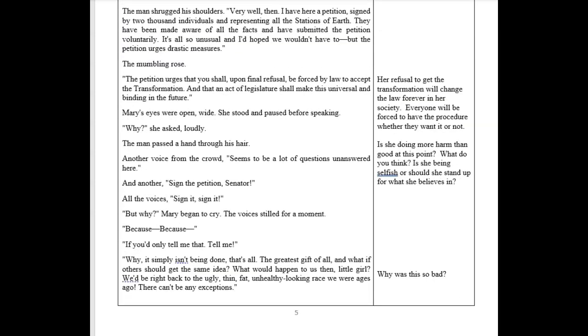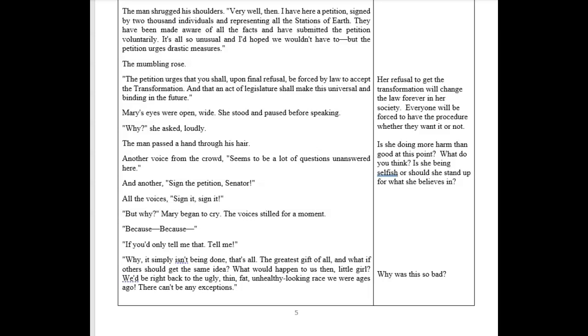"Very well, then. I have here a petition signed by 2,000 individuals and representing all the stations of Earth. They have been made aware of all the facts and have submitted the petition voluntarily. It's also unusual, and I'd hoped we wouldn't have to, but the petition urges drastic measures." The mumbling rose.